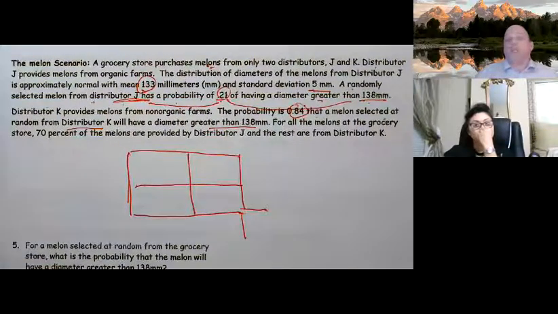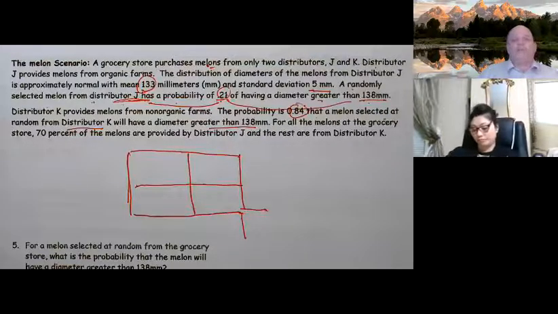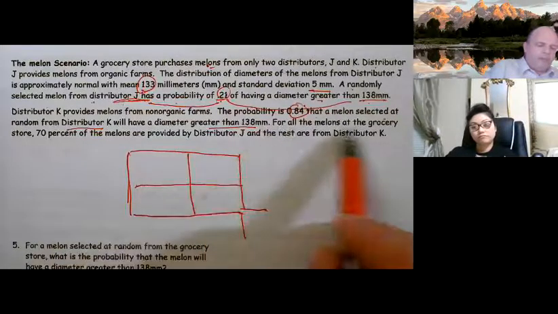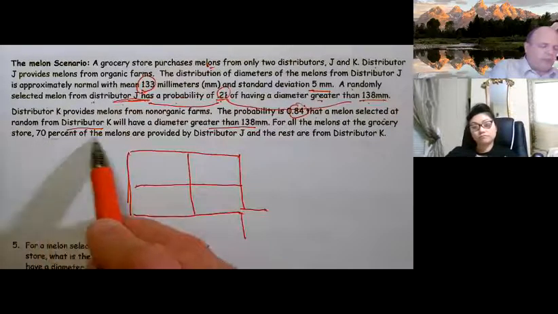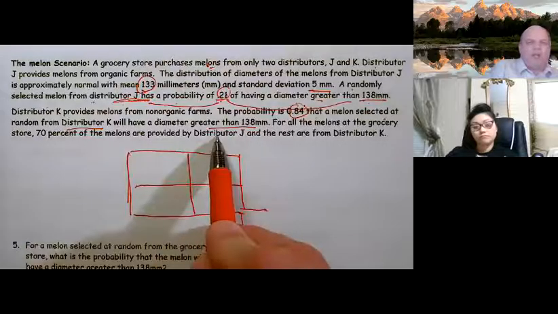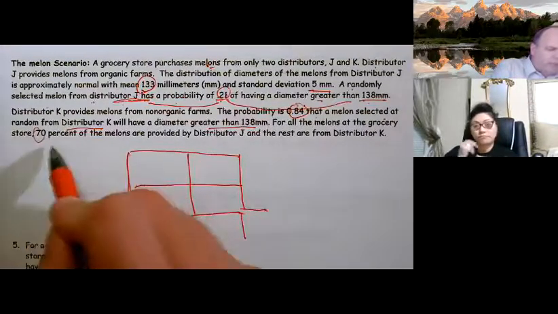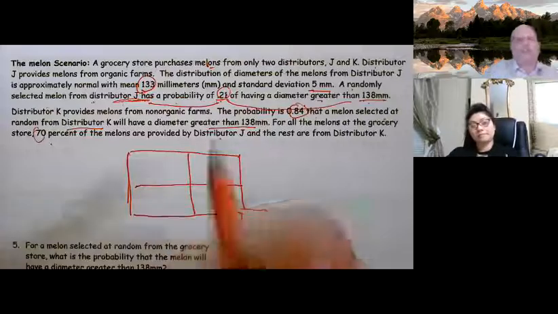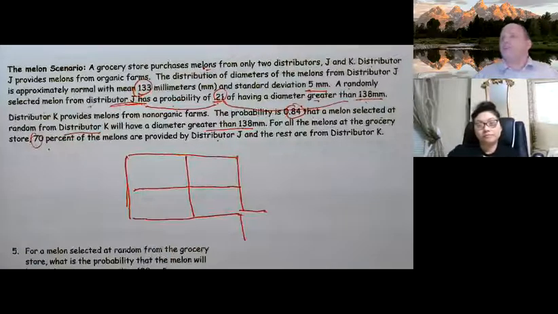And when I'm doing a table, I need to find the variable or the number that's associated with only a single variable. It's critical. Once I find that one, the table goes together fairly well. For all the melons at the grocery store, 70% are provided by J and the rest from K. 70% go to distributor J. Nothing about size.